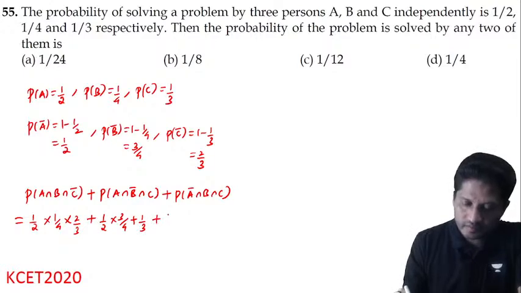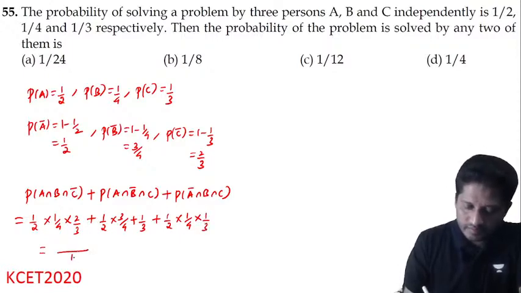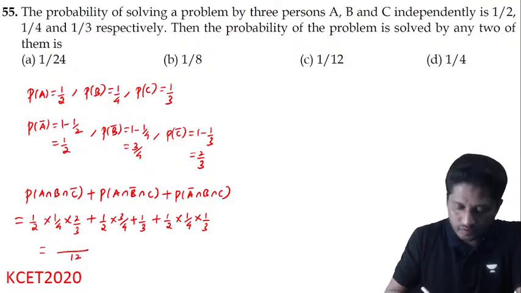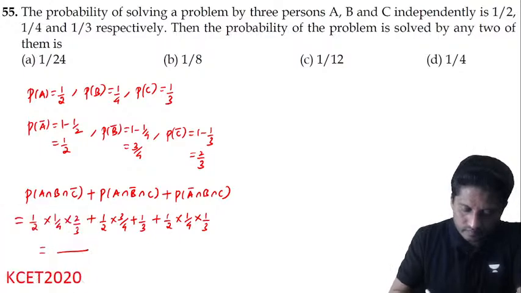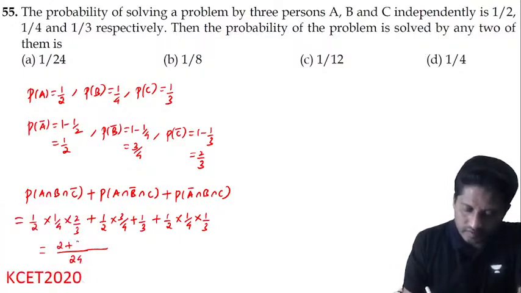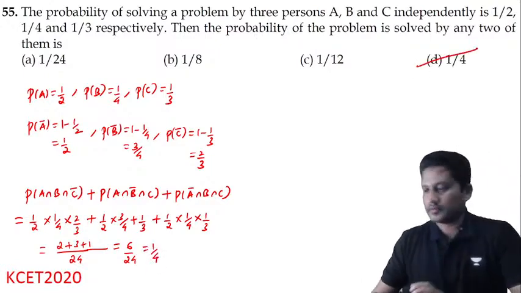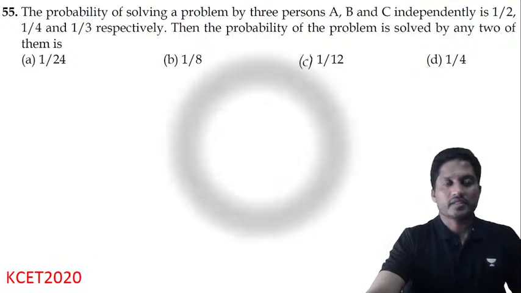P of A bar is 1 by 2, B is 1 by 4, and C will be equal to 1 by 3. LCM is 12 times 2, 24. Numerator will be equal to 2 plus 3 plus 1, 6 by 24, which is equal to 1 by 4. Answer is option D. Let's move to the next question.